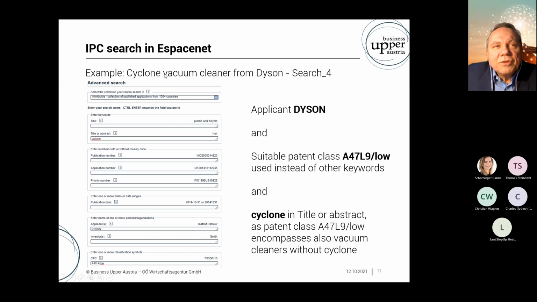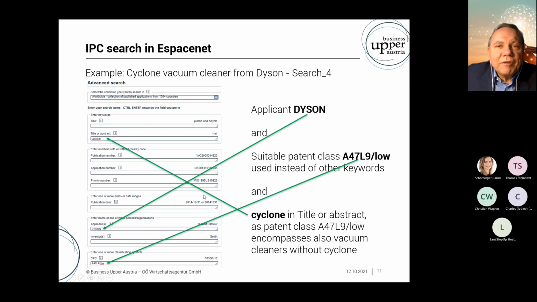And if you really want to look for Cyclone vacuum cleaners, because A47L9/low is also about vacuum cleaners, and therefore not specific enough. But if you now introduce Cyclone into title or abstract, like we do it here, so you have applicant Dyson, you have the patent class, but you also have Cyclone now in it, it has to be Cyclone in title or abstract.